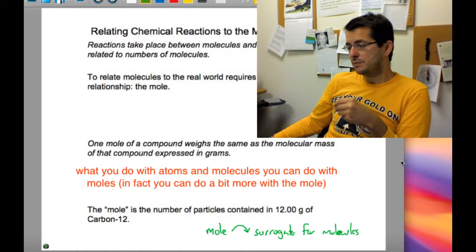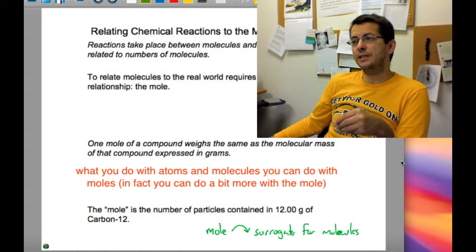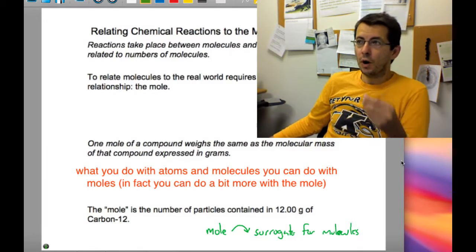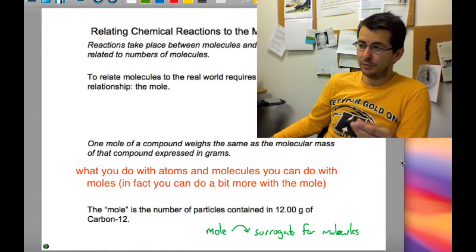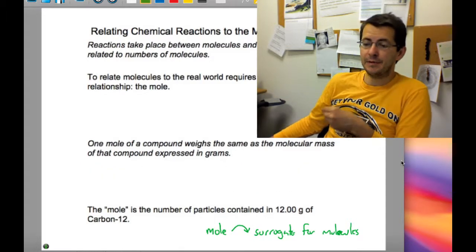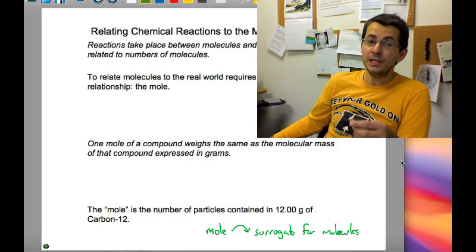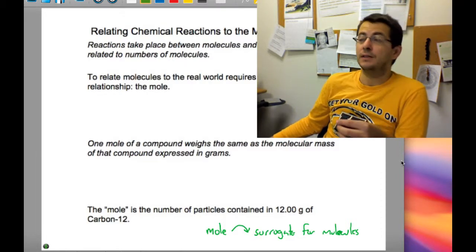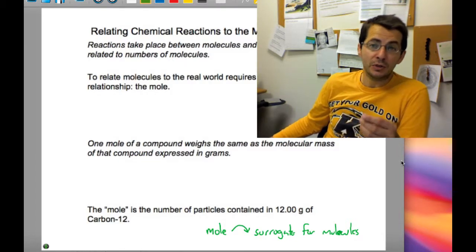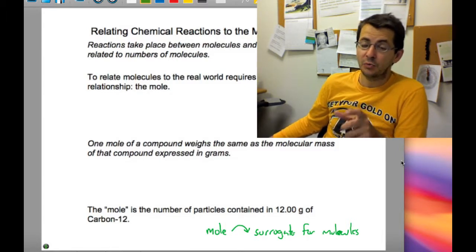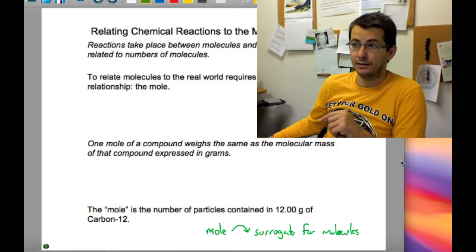So what this means is we can substitute in the term mole when we're dealing with macroscopic quantities. 1 mole of a compound contains exactly the same number of particles as any other mole of a compound. The reason for this is the mole is defined as the number of particles in exactly 12 grams of carbon-12.